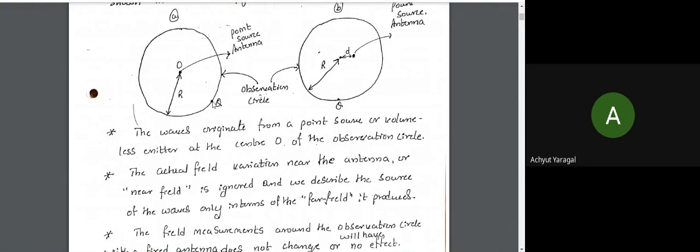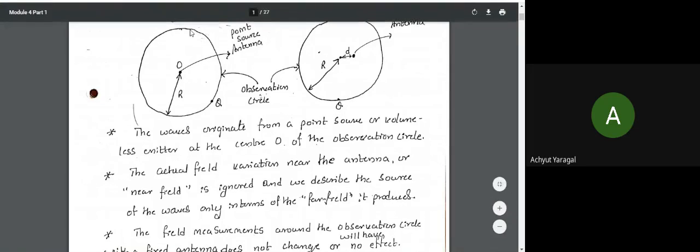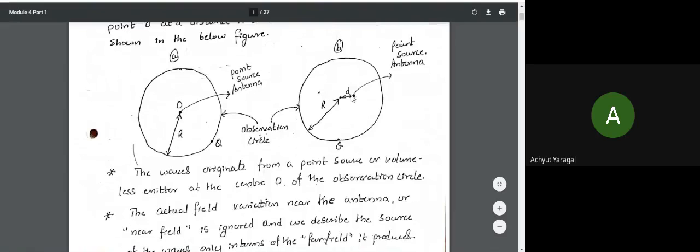If Q is at this point, the field measurement will be the same, or if Q is at this other point. The field measurement will be the same if the antenna is fixed at the center of the observation circle. Now if this antenna starts moving by a certain distance D.